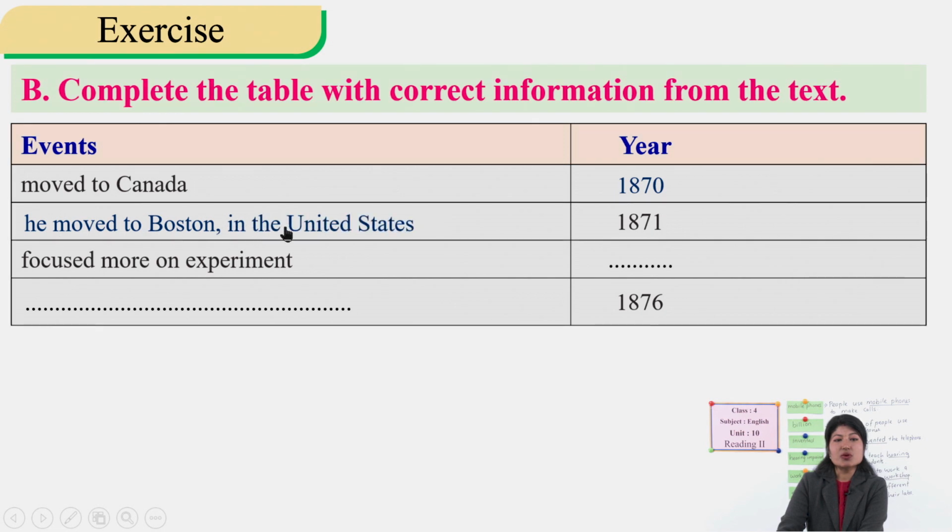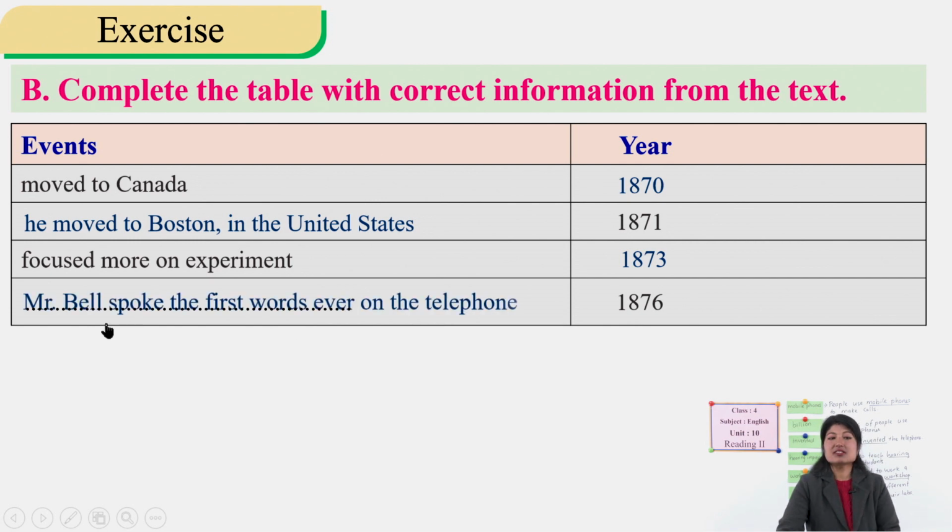In 1871, he moved to Boston in United States. Focused more on experiment. When it was? So it is 1873. And what about the event in 1876? Have you found what happened? Yes, Mr. Bell spoke the first words ever on the telephone. Okay, with this, completion is over.